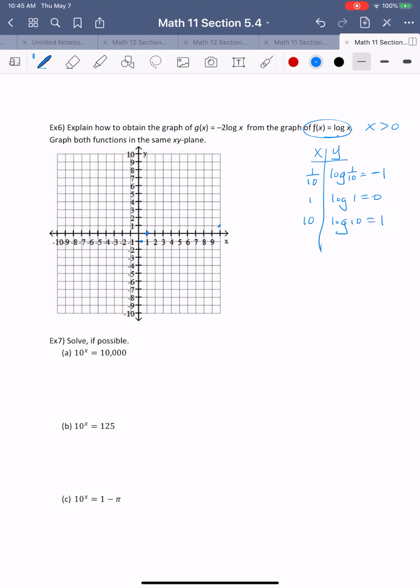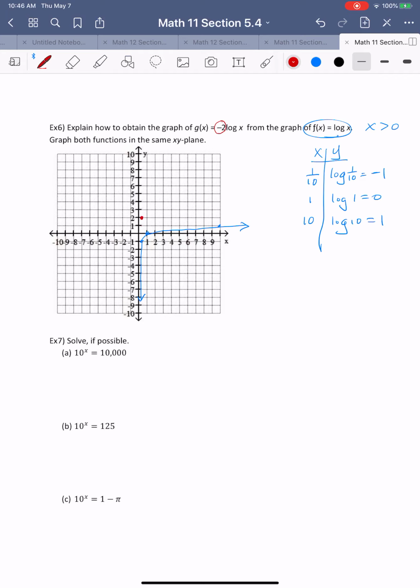So your graph is this, okay? And then for this graph, you need to flip it, reflect it, and then stretch it by twice, right? This time. So negative 1 goes to 1 and then stretching 2.